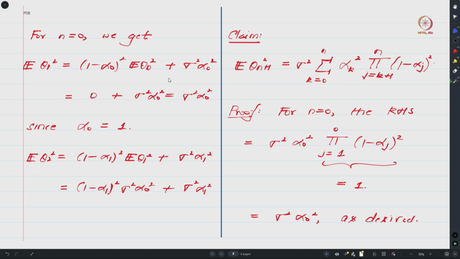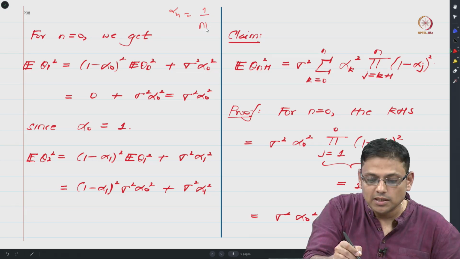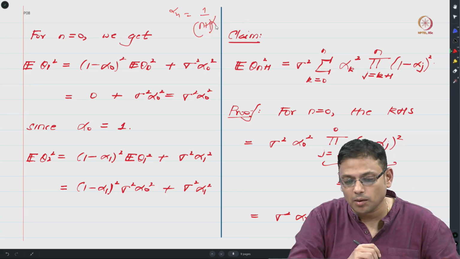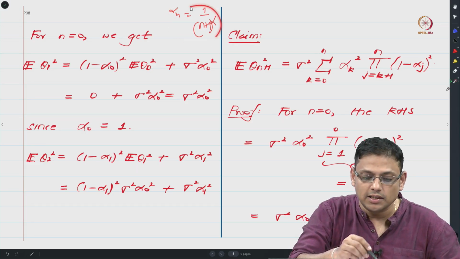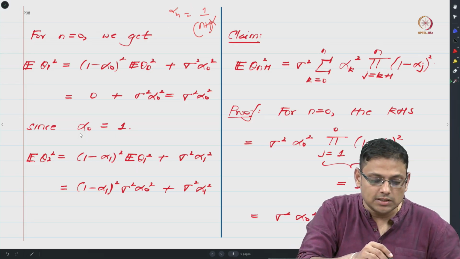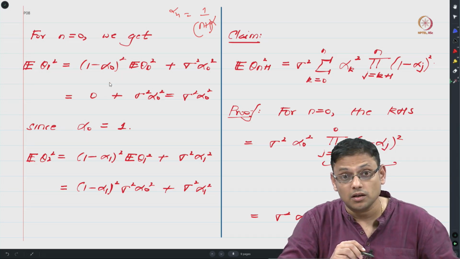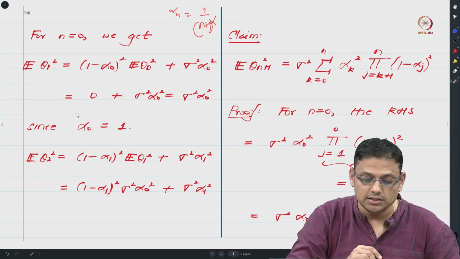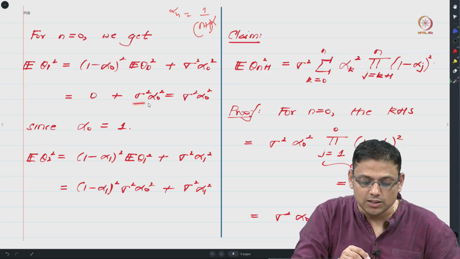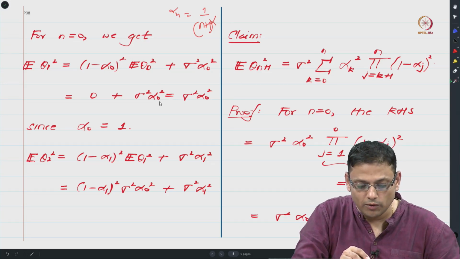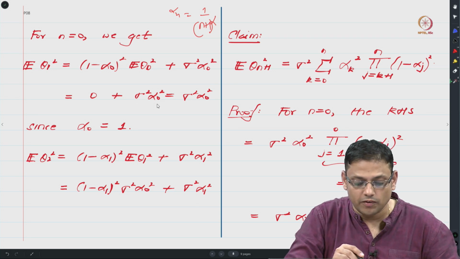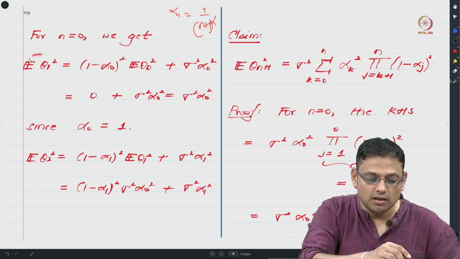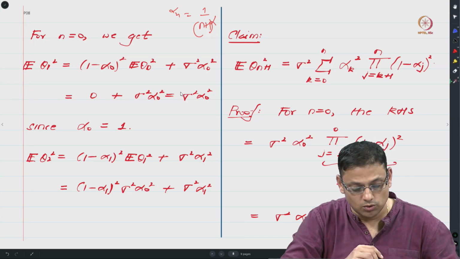And since your step size sequence is of the form 1 over (n plus 1) to the power alpha, where alpha is some number between 0 and 1, if I substitute n equals 0 here, I hope you agree that alpha_0 is 1, and because alpha_0 is 1, this expression over here becomes 0, and hence I have written 0 over here. The second expression is actually sigma squared, but I want to retain this form so that I can use it in my analysis. So this is sigma squared alpha_0 squared.